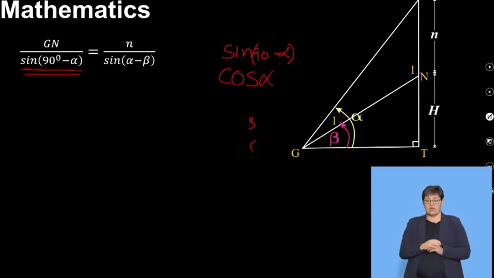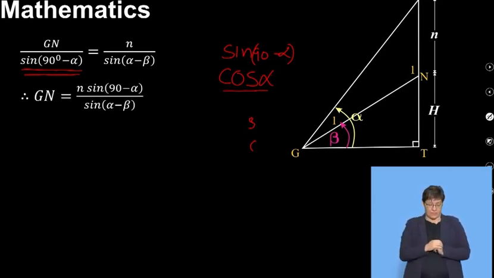That's from using the reduction rules. I'm not sure if that's how you learned it. A lot of people refer to it as the Coco rule because you find the co-ratio of the complement. So sine of 90 minus alpha becomes cos of alpha.